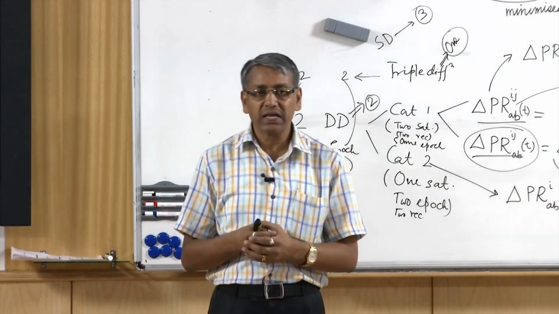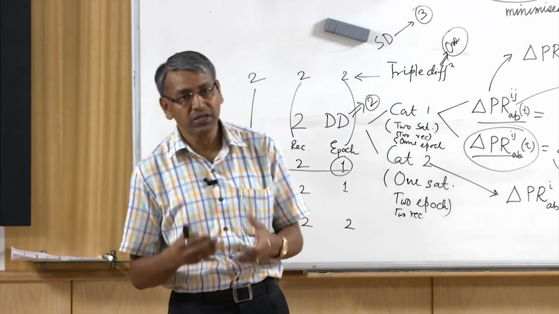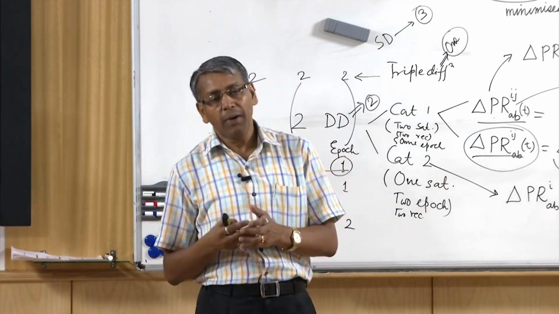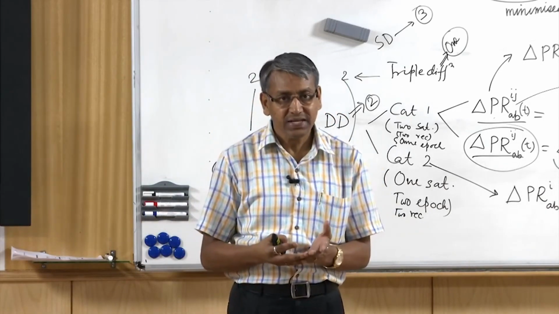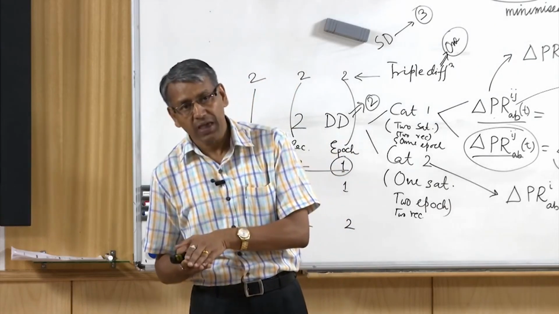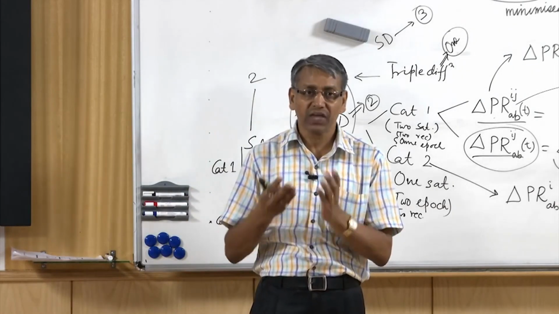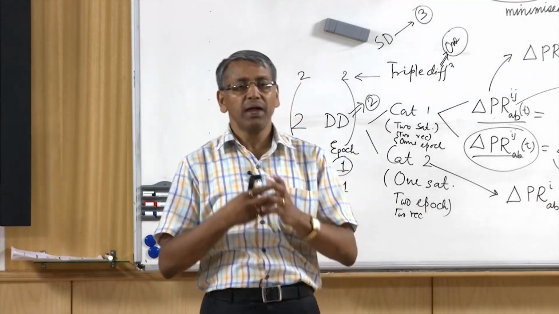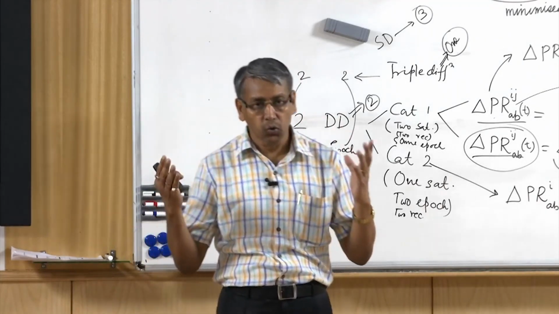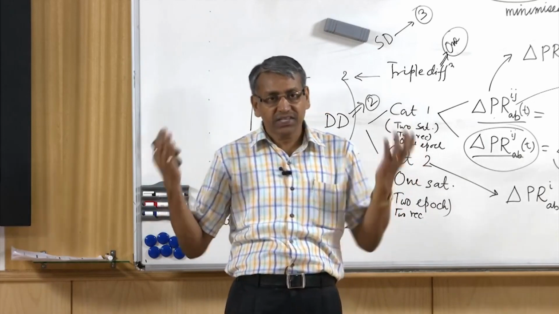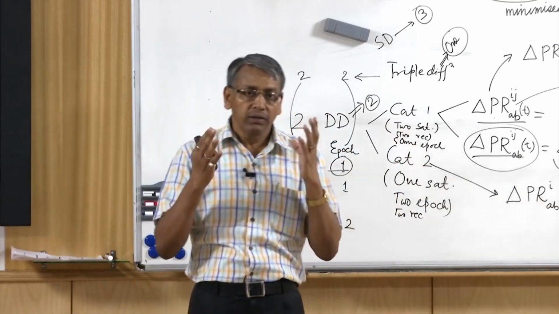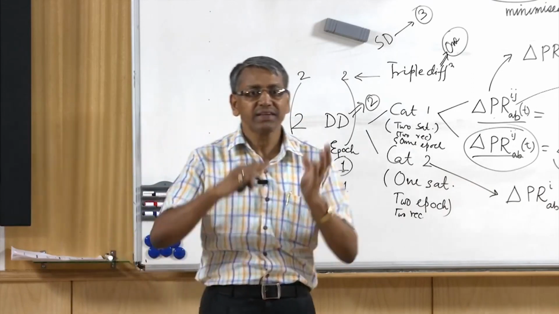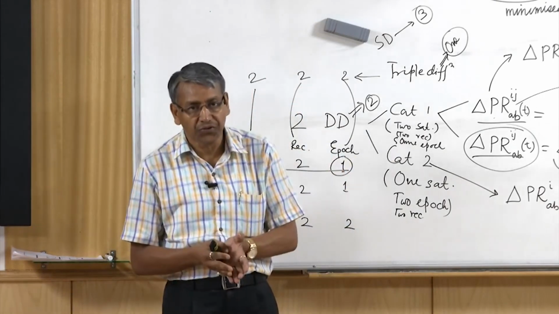The first one is first differencing, in which we take the difference of observables either from two satellites coming to the same receiver at the same epoch, or observables coming from a single satellite but at two receivers at the same epoch, or observables coming from the same satellite at different epochs to the same receiver.